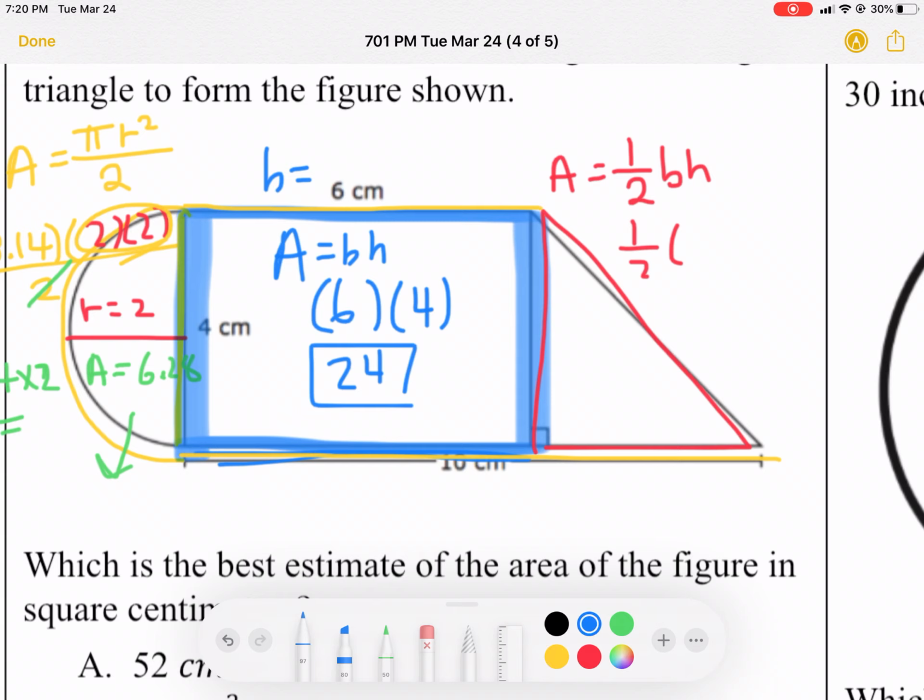So in order to get the base of just the triangle, you need to subtract the 6 from 10, which is going to be 4. The height is the same as the rectangle, which is 4 as well. So 4 times 4 is 16, and 16 divided by 2 is 8.